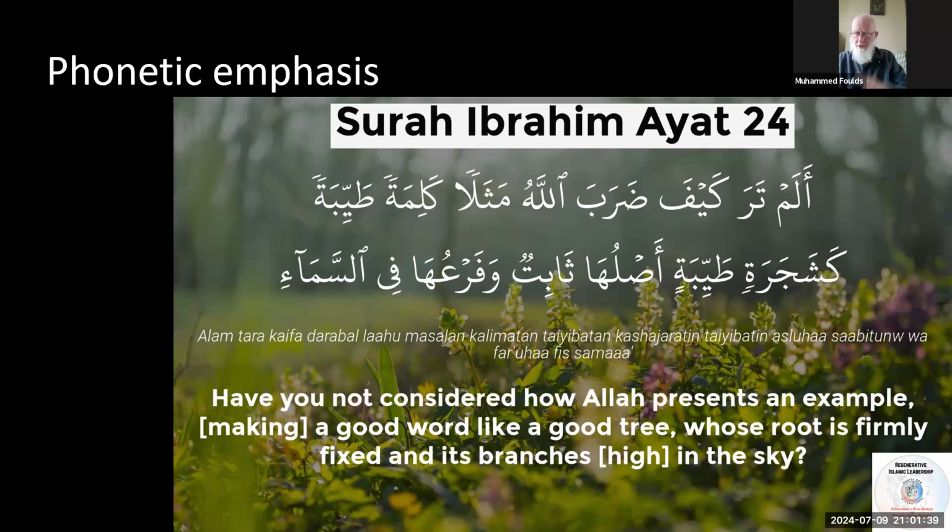Ikhfa is where you're going to see the letters ta, tha, jim, dal, dhal, ra, zay, sin, sheen, sad, dad, ta, za, fa, qaf, and kaf. If any of these letters, this is ikhfa in tajweed.